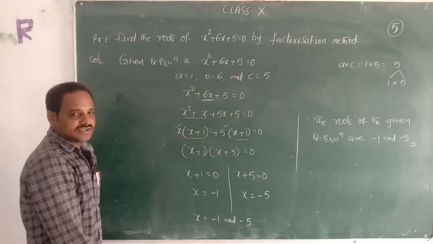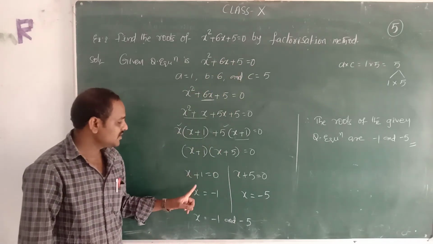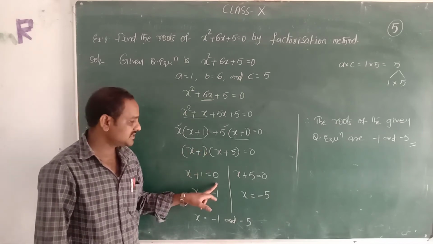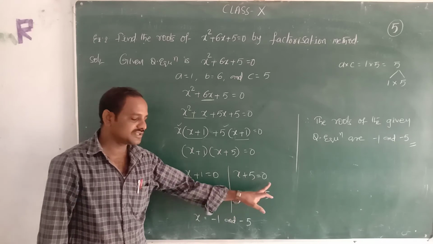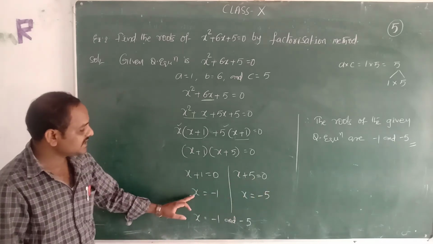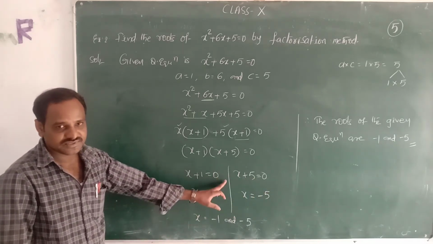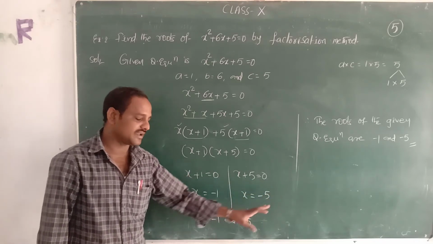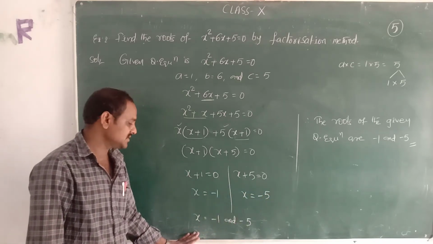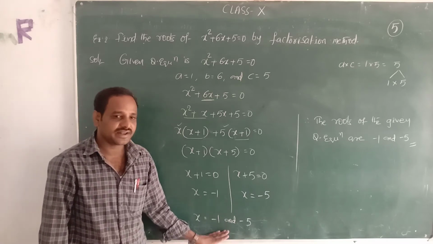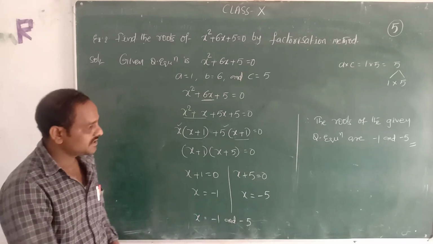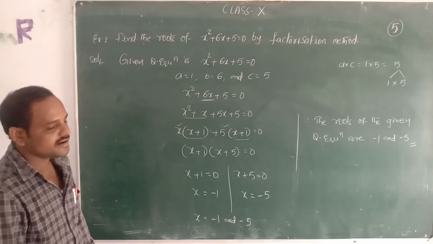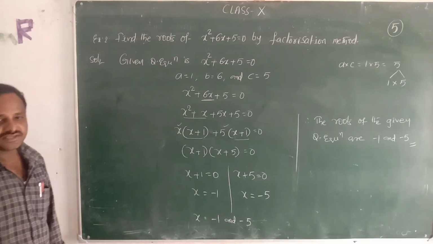Now we are going to equate x plus 1 is equal to 0 once and x plus 5 is equal to 0 another time. So x is equal to plus 1 becomes minus 1 and plus 5 becomes minus 5. Therefore the values of x are minus 1 and minus 5. Therefore the roots of the given equation are minus 1 and minus 5.